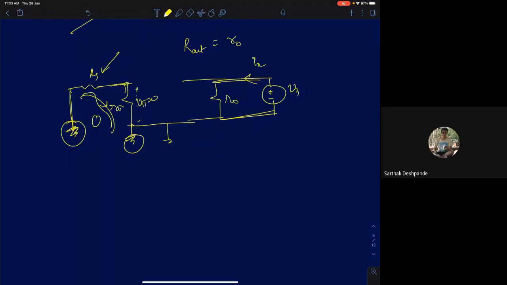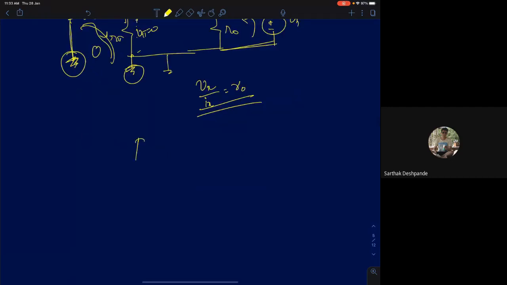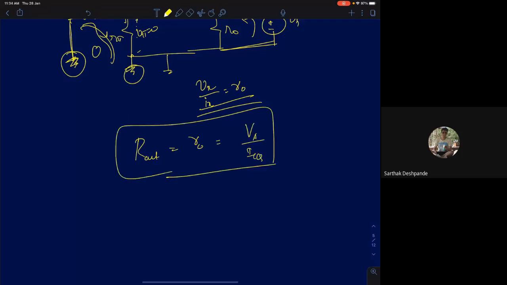In that case, your output resistance, Vx by Ix, will simply be R naught itself. Therefore the output resistance of this amplifier, R out, will be R naught, which is the early voltage upon the quiescent collector current. So for the simplest common emitter configuration, the output resistance R out is R naught itself.